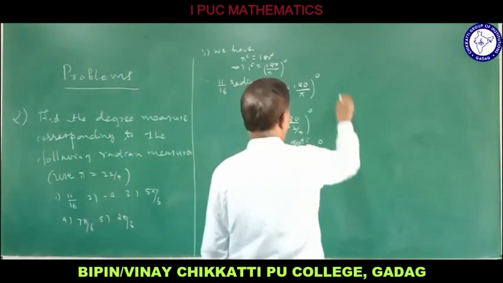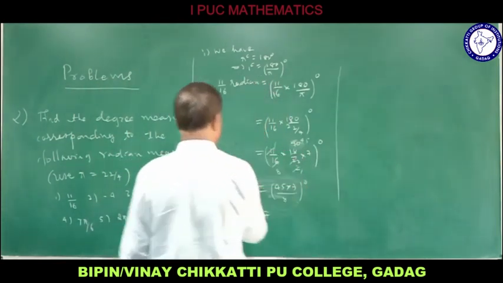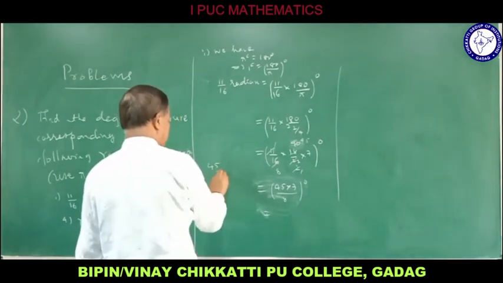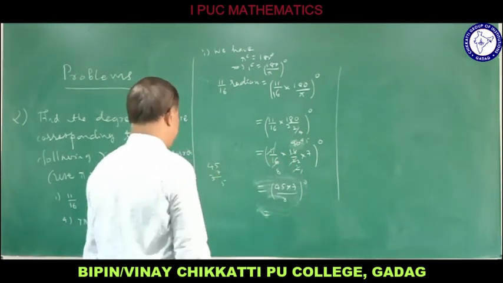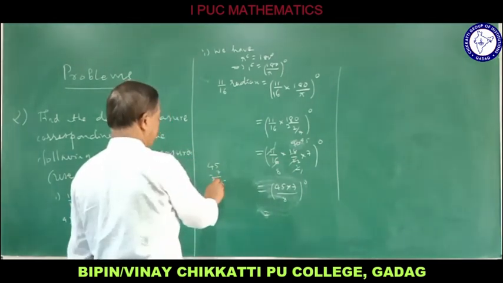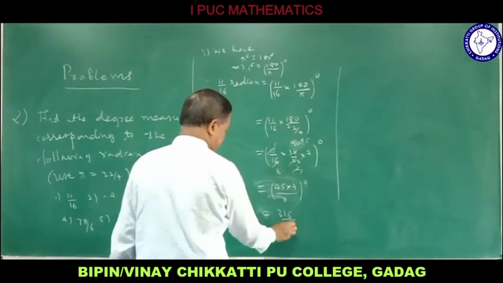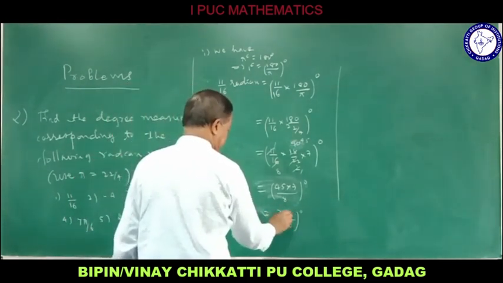Now look at this 45 into 7. 7 fives are 35, 7 fours are 28, so 315 divided by 8 degrees.